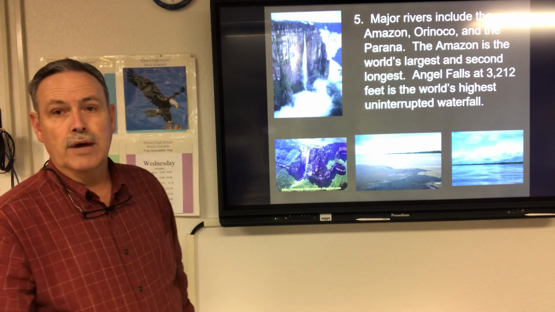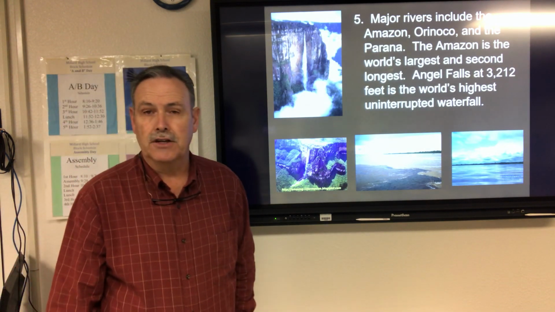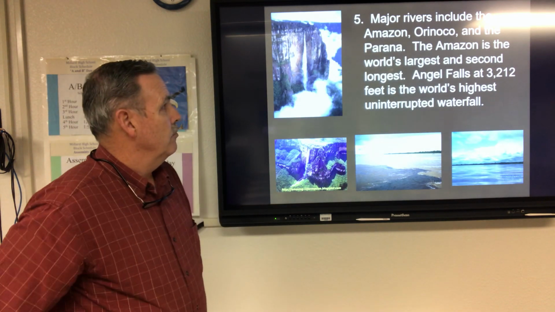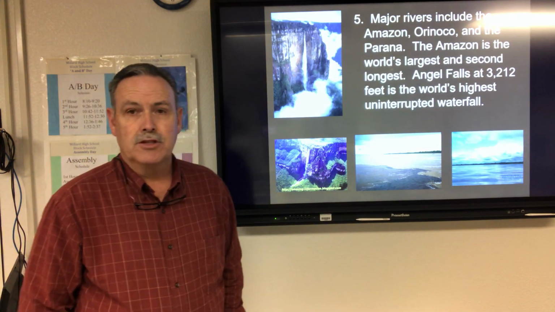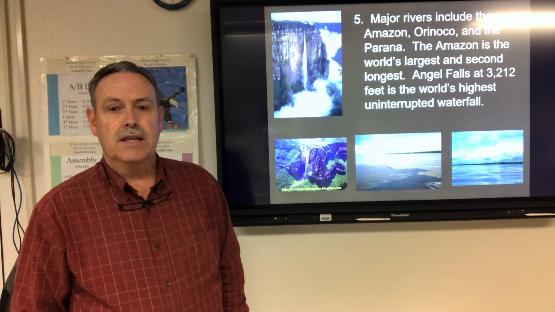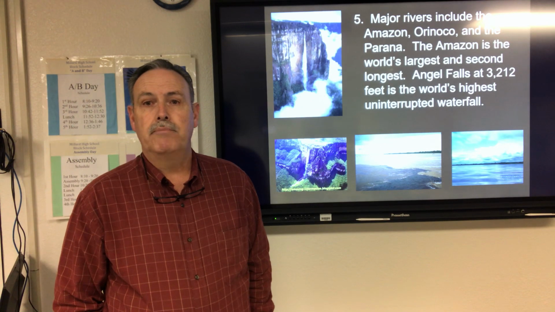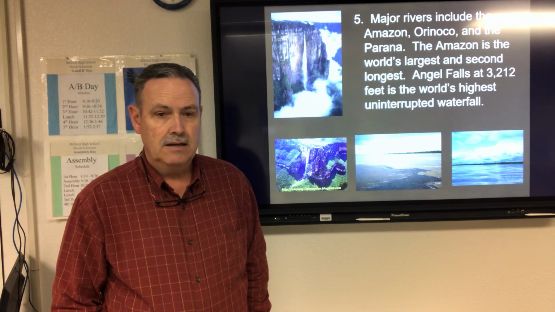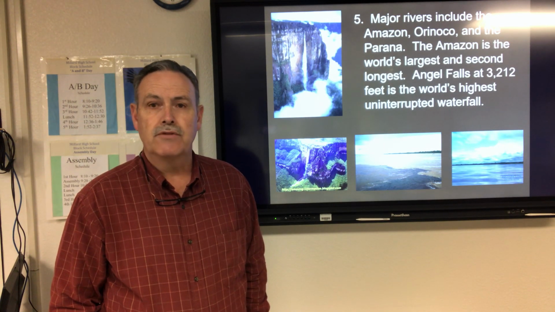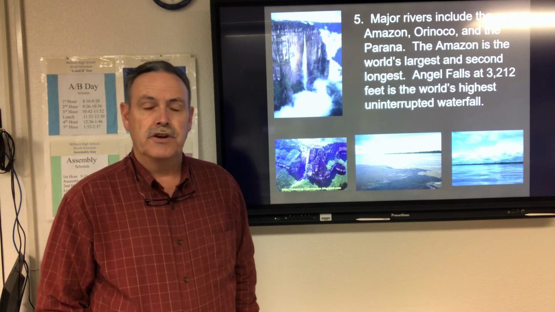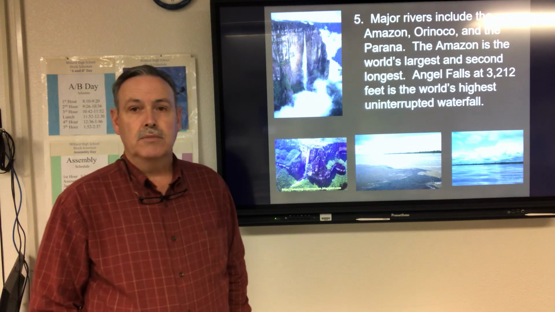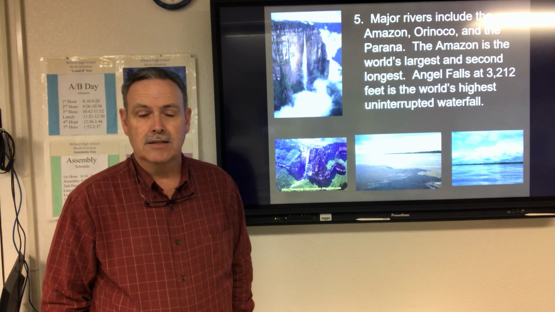The Orinoco and Paraná are also significant rivers. When we talk about the Amazon, it is the river that has the most volume of water. So the Nile is the longest, but the Amazon is the biggest.